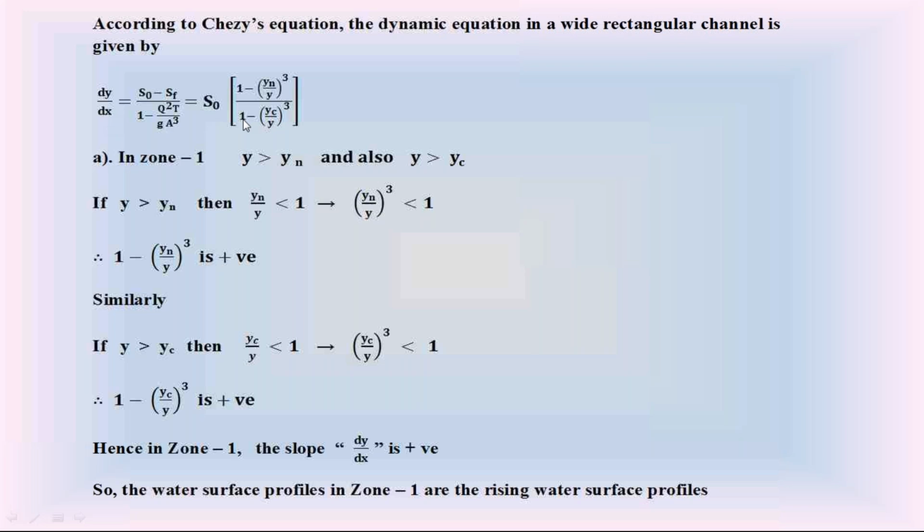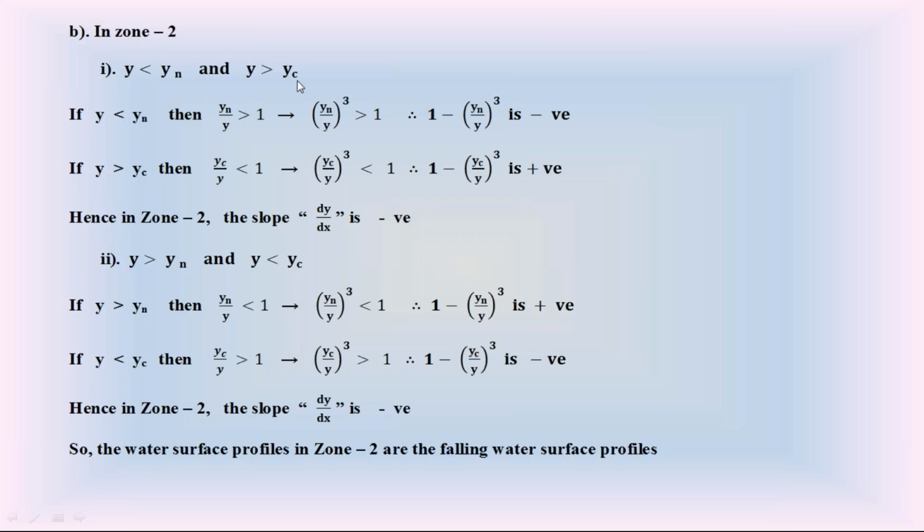Check this denominator also. In that zone 2, the depth of flow y is greater than yc. In this condition 1, if y is greater than yc, yc by y is less than 1. So yc by y whole cube is less than 1, so 1 minus yc by y whole cube is positive.